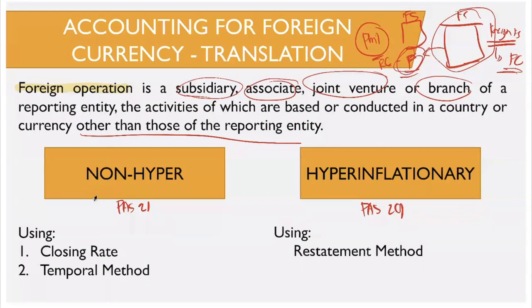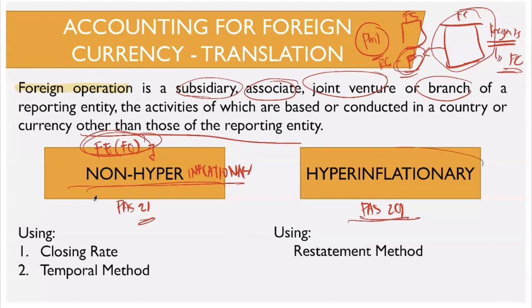We place it under PAS 21 if that foreign operation is non-hyperinflationary. So we need to look at whether that particular foreign operation is hyperinflationary or non-hyperinflationary. We use PAS 21 if it's non-hyperinflationary, and we use PAS 29 if it is hyperinflationary.